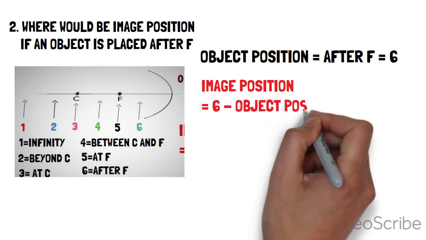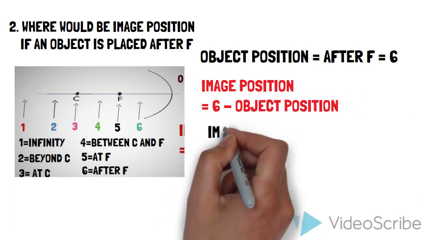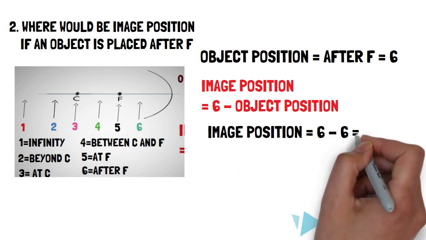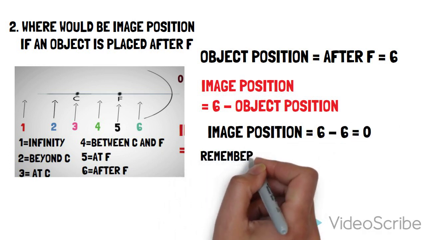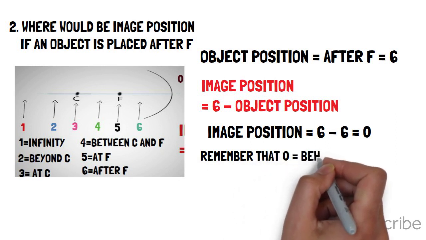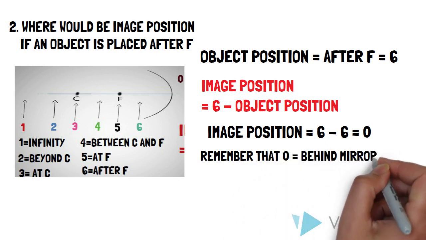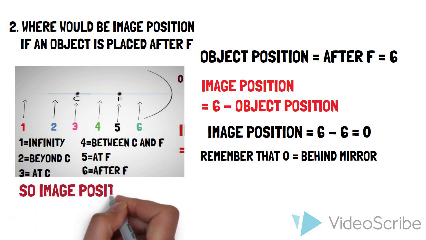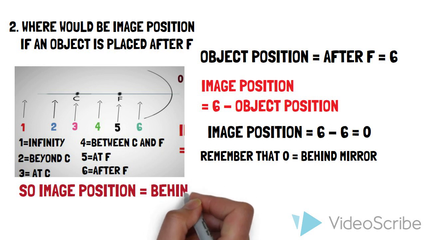And from our formula, image position equals 6 minus object position. This means 6 minus 6, which is 0. Not to forget, remember that 0 corresponds to behind the mirror. So this then means that our image position is behind the mirror.